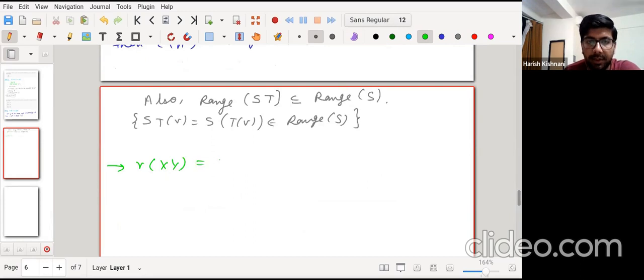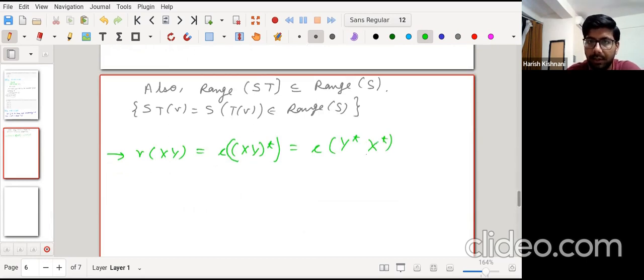This is nothing but the column space of XY transpose, which is the column space of Y transpose X transpose, right?